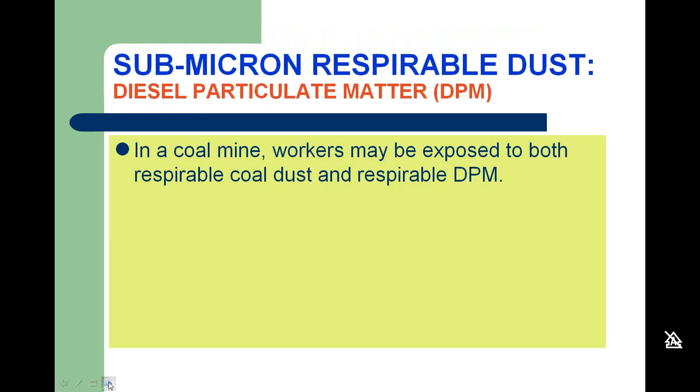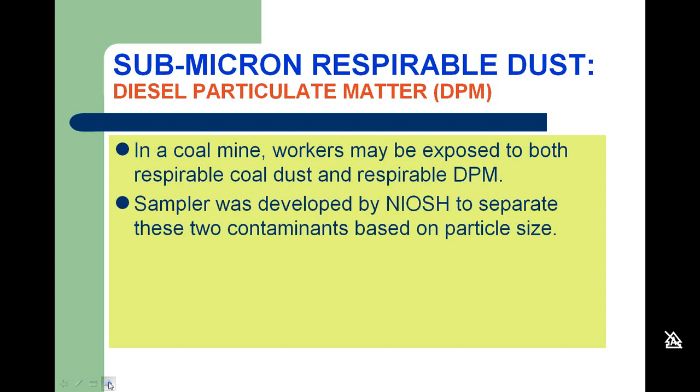Finally, let's discuss a submicron respirable dust, DPM, diesel particulate matter. This contaminant is quite common in mining operations due to diesel-powered equipment used underground. Specifically, if we look at coal mines, workers may be exposed to DPM along with respirable coal dust.